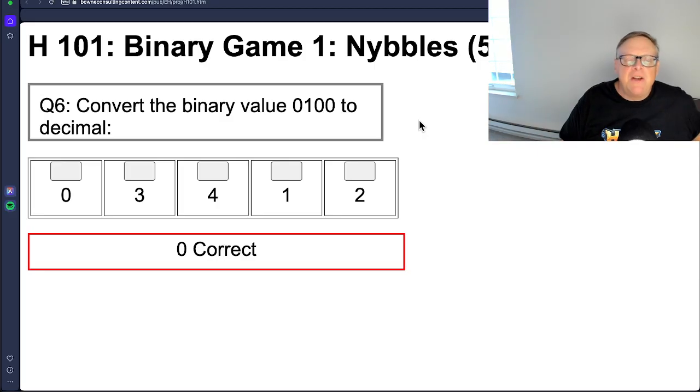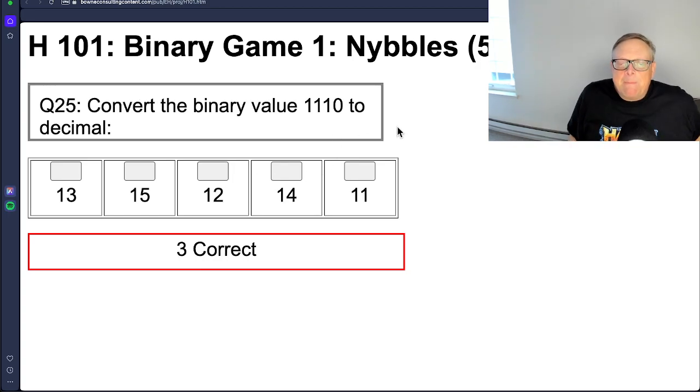There you are. See, the answer is 4. That's right. This is 1, 2, 4. That's 4. How about this one? All right, that's 1. How about that one? Yep, that's 2. How about that one?